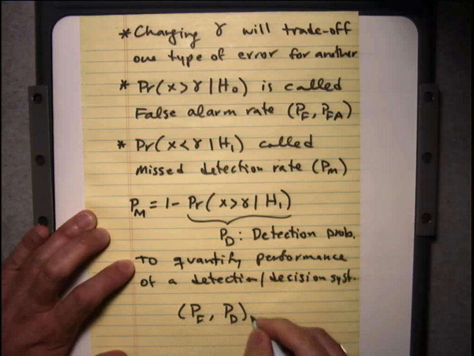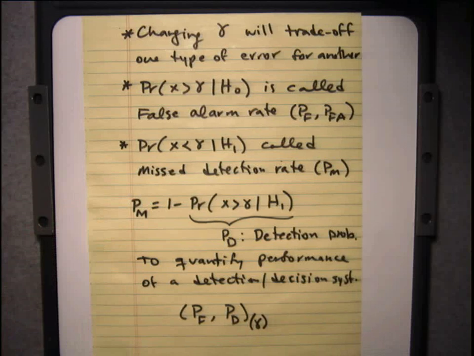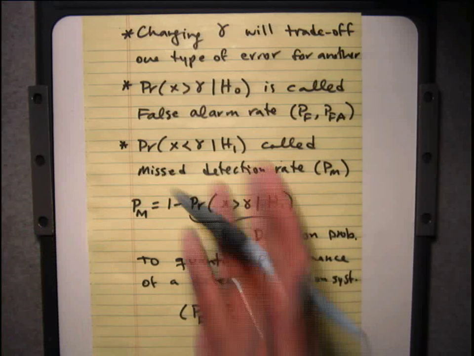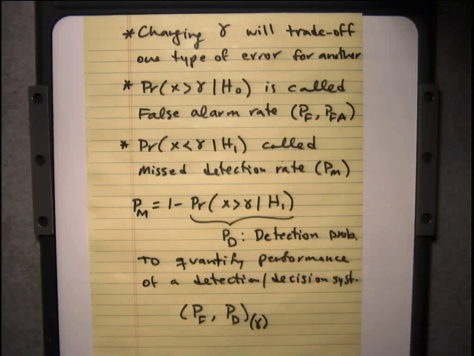And remember, both of these are a function of your threshold. So this pair of numbers characterizes the performance of whatever decision-making algorithm you've chosen. The one that I chose here was just pick a threshold and see if it's big or small. But these quantities will always characterize the performance of whatever decision-making process you choose.